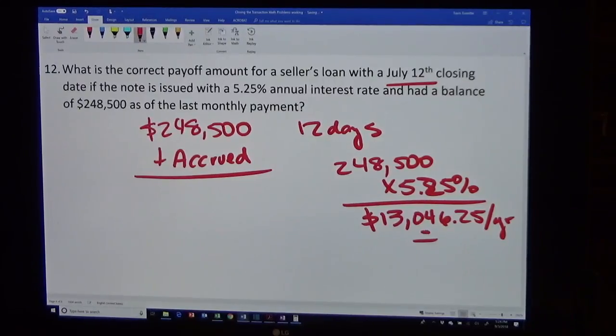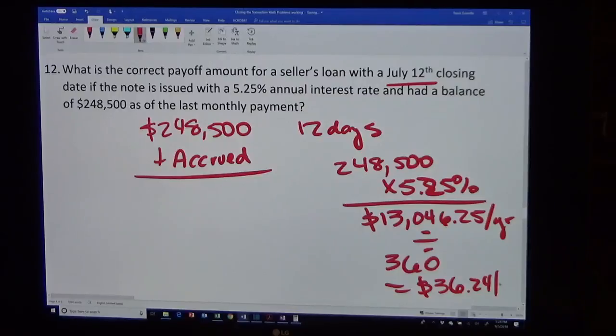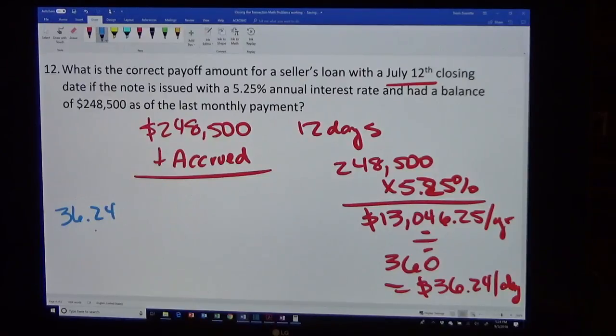And we're going to break that down into daily by dividing by 360, which equals $36.24 per day. So we've got $36.24 per day times 12 days. That's $434.88 in accrued interest.